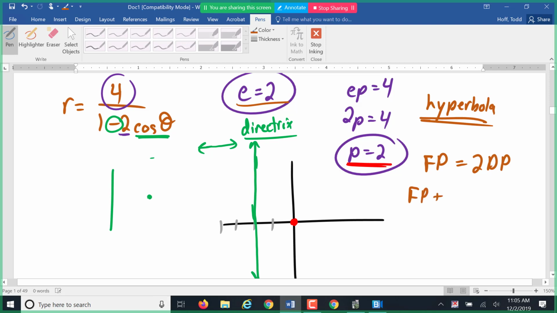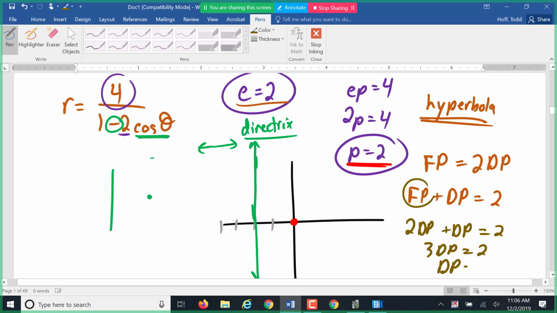If I'm looking at just on the axis here, the distance from the focus to the point plus the distance of the directrix to the point equals 2 units, because there's only 2 units between the focus and the directrix there. If I substitute in that FP is 2 times DP, I get 2 DP plus DP equals 2. In other words, 3 DP equals 2. Dividing by 3 tells us DP equals 2/3. So the distance from the directrix to that point is 2/3.